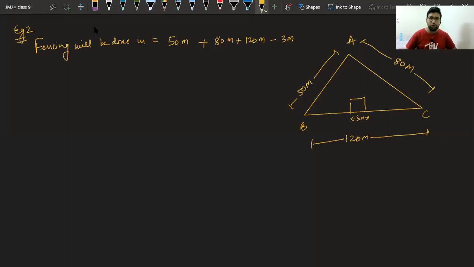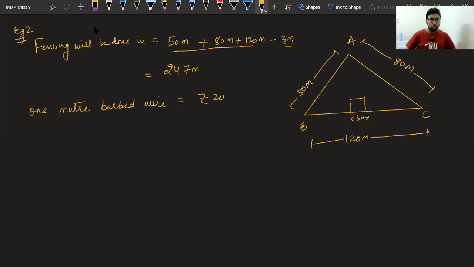Mishti is there. So we have to add these 3 for perimeter, minus for the gate. What will we get? 247 meters. Now they are saying the barbed wire length is 20 rupees per meter. So 1 meter of barbed wire is for rupees 20.